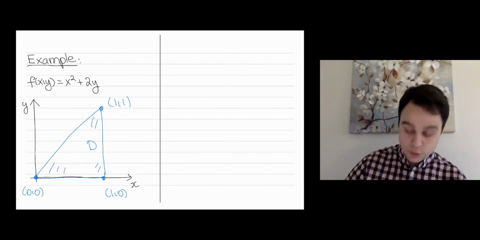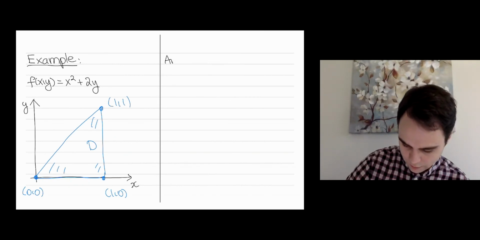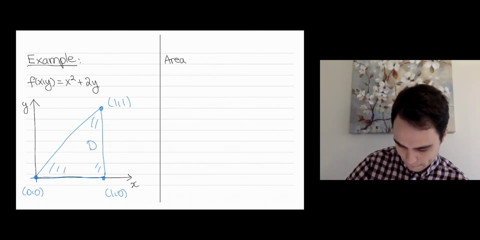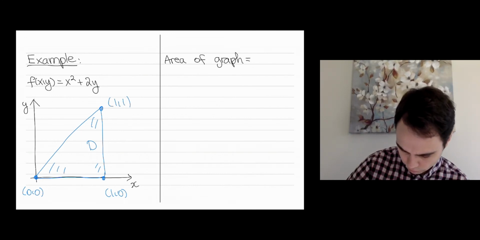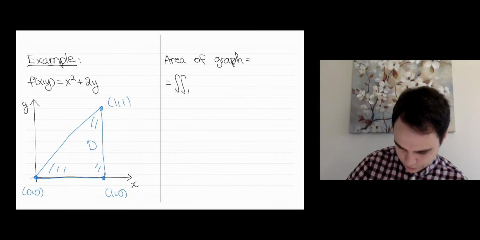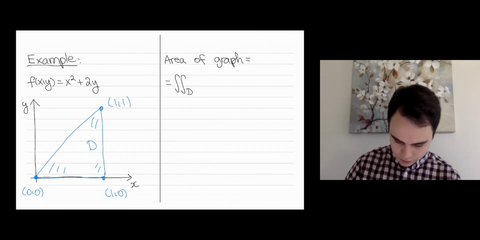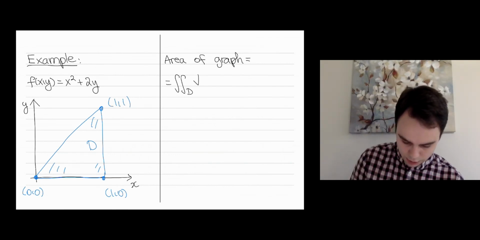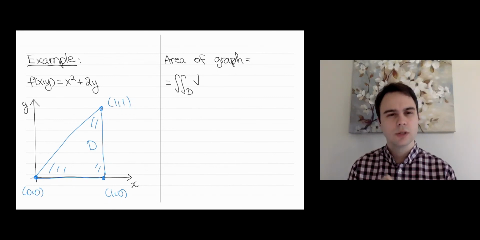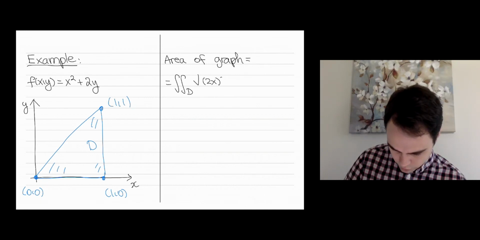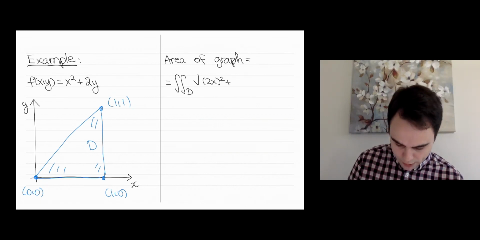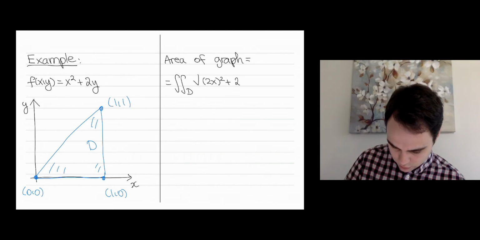Okay, so according to our discussion, the area of the graph is equal to the double integral over D of the square root of the x partial of f squared, so the x partial of this function is 2x, squared, plus the y partial of f squared, that's 2 squared, right?